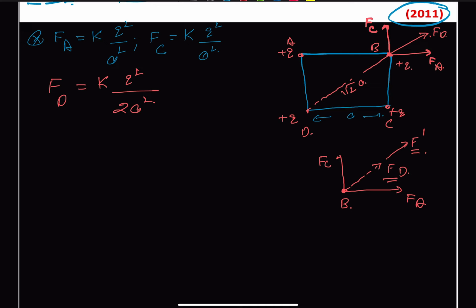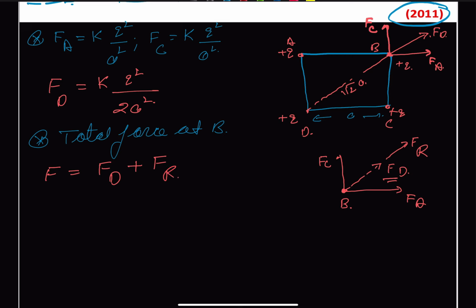So we can say that the total force at B, let us call that F, will be equal to FD plus, let us call this F resultant, much easier to understand, FR.